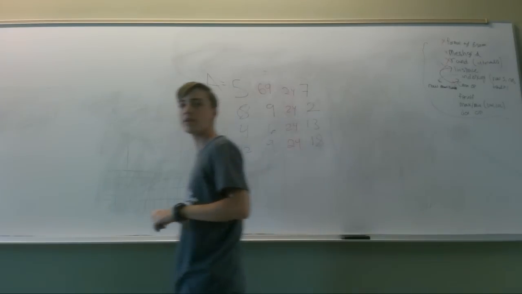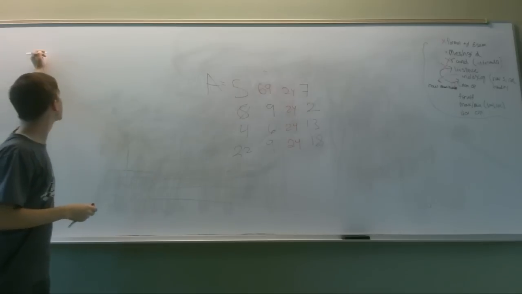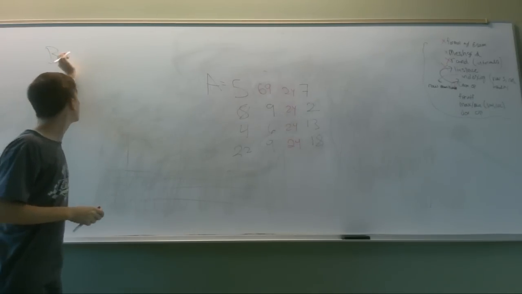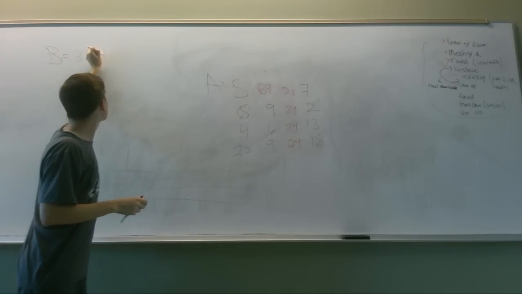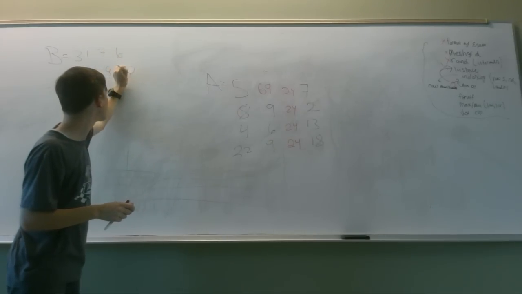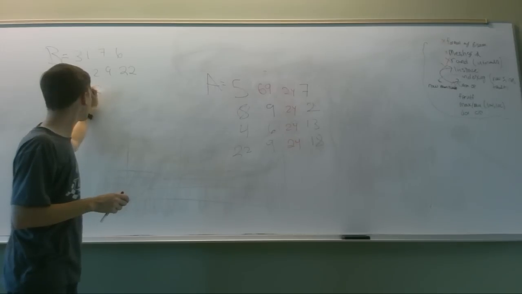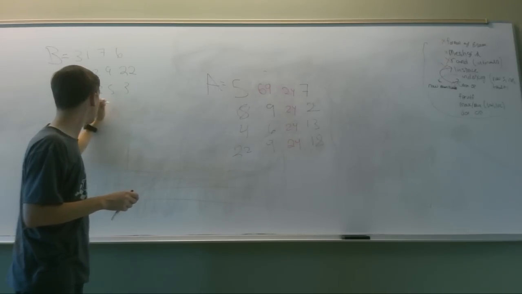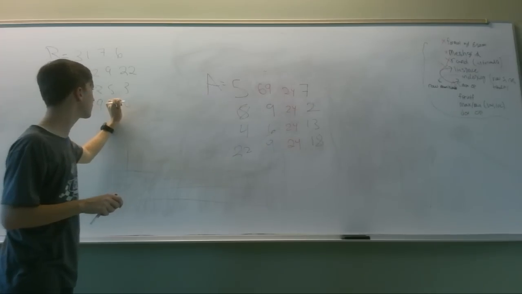Let's say I have a matrix B here, and it's going to be equal to 3, 1, 7, 6, 4, 2, 9, 22, 7, 8, 5, 3, 6, 9, 4, 0.